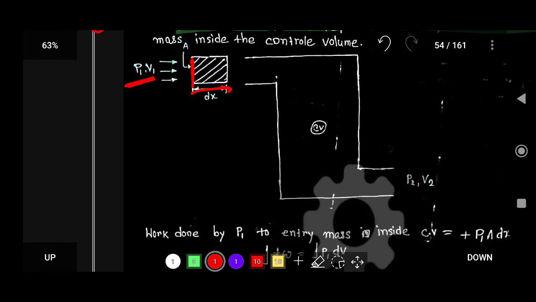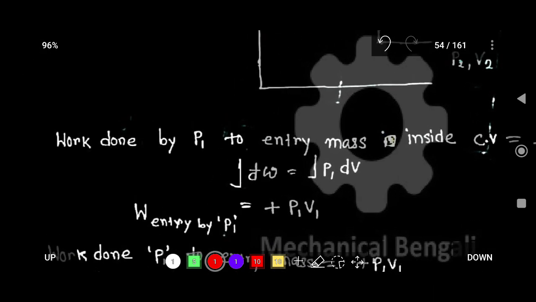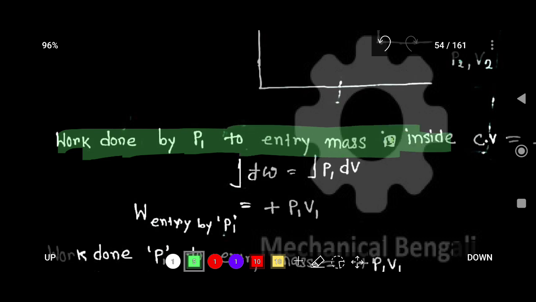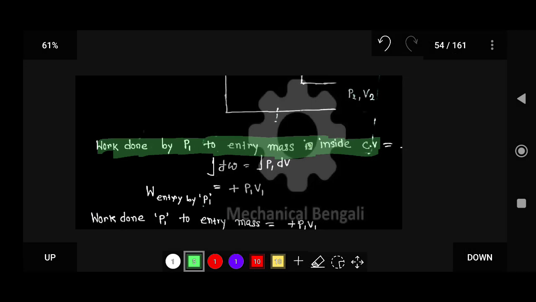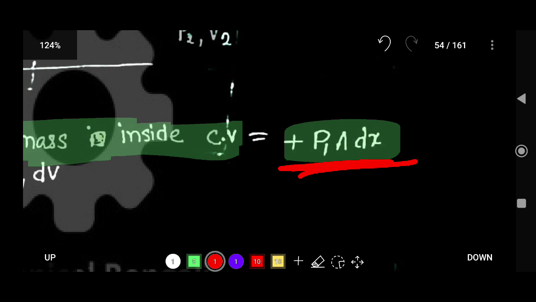So if you find out the work done by P1 to enter mass inside the control volume, that is equal to plus P1 into A into dx. Why? P1 is the initial pressure, A is the area, dx is the travel distance.